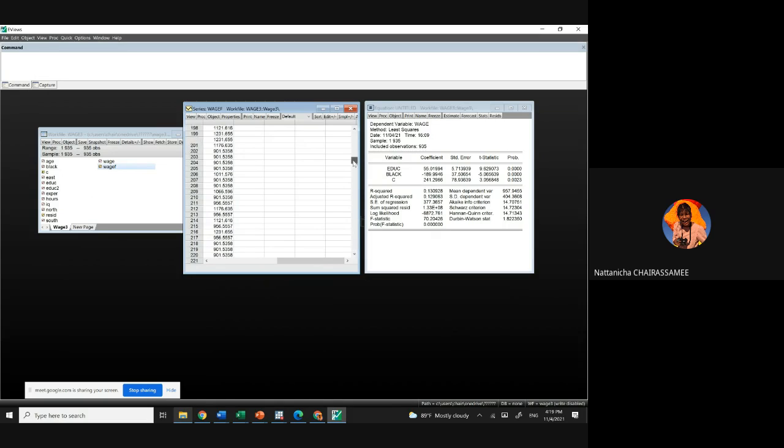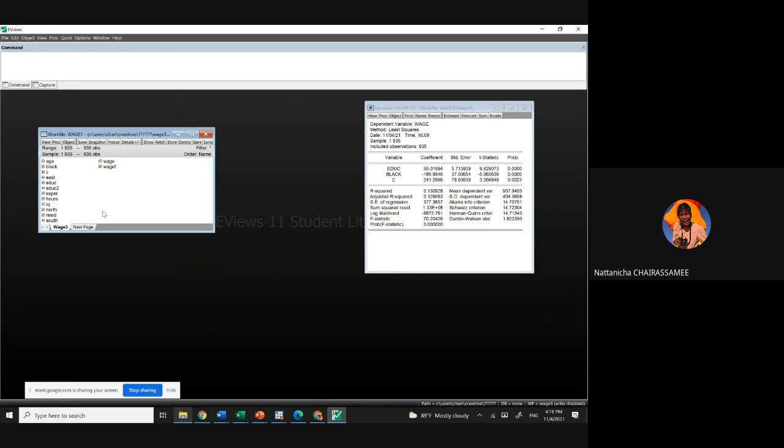It means that once you use forecast, they are going to use the coefficients here, plus the observation characteristics that you already have in the data, and you just plug them into your regression result, and they will predict the wage of each individual. So now we already have the predicted wage from our regression.